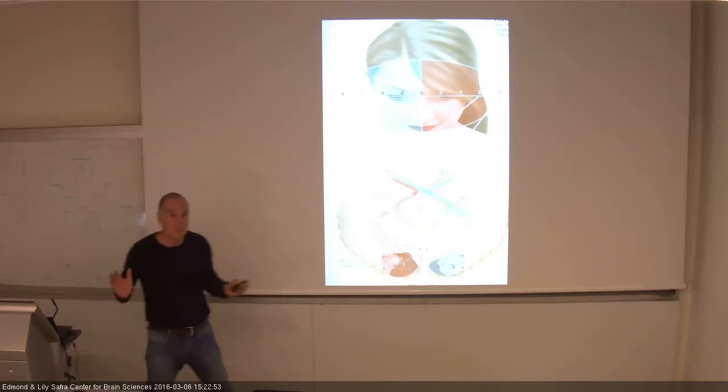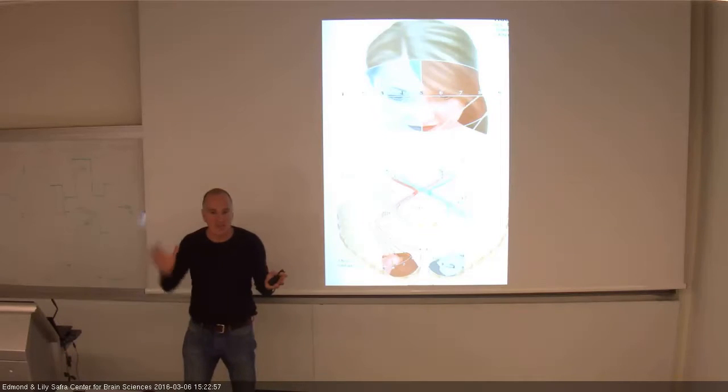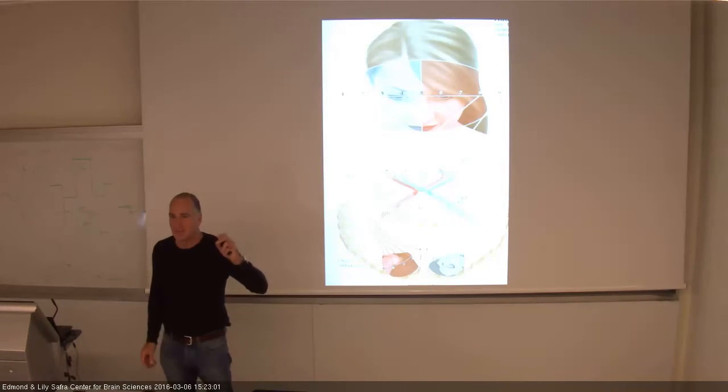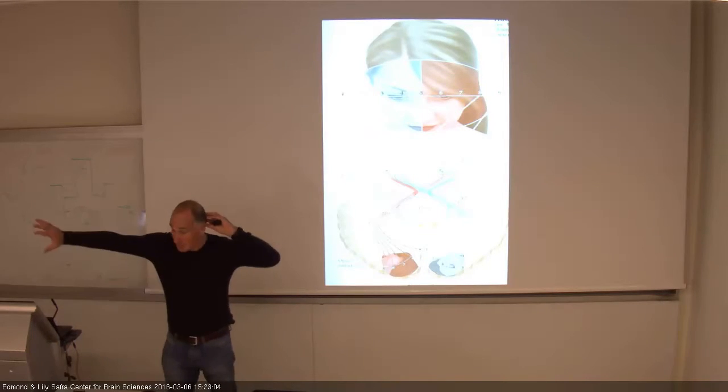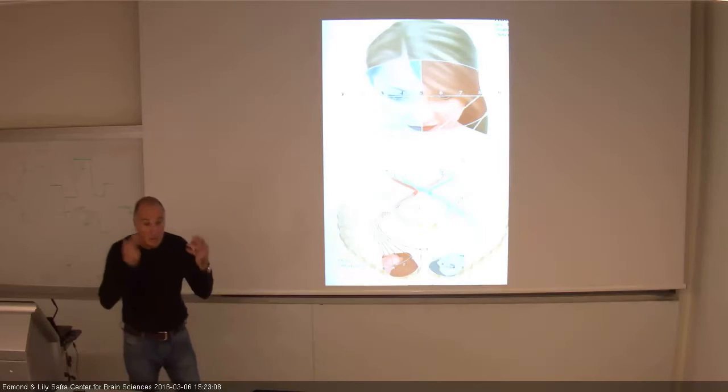So the basic principle is that the left hemisphere represents the right visual field, and the right hemisphere the left visual field. Nothing to do with the eyes, it has to do with visual field.